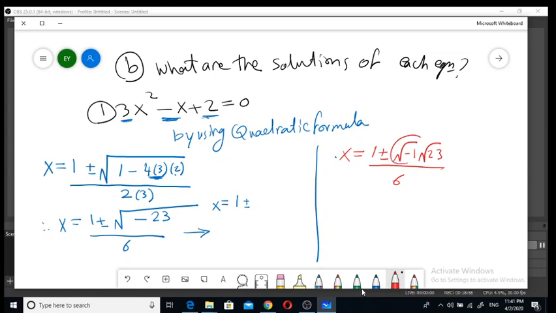We can replace square root of negative 1 by I. So we have x is equal to 1 plus or minus square root of 23 times I over 6.